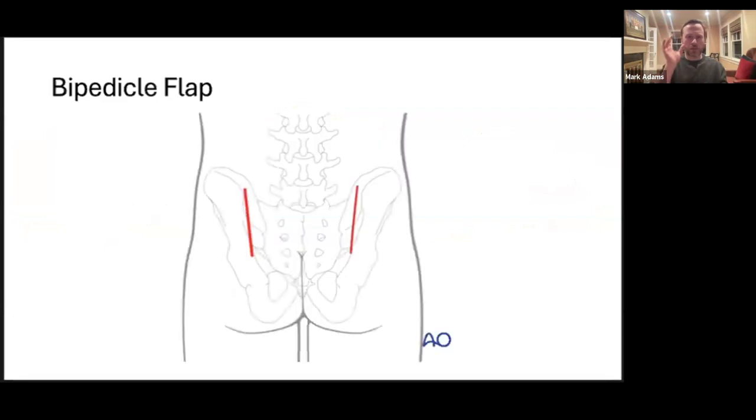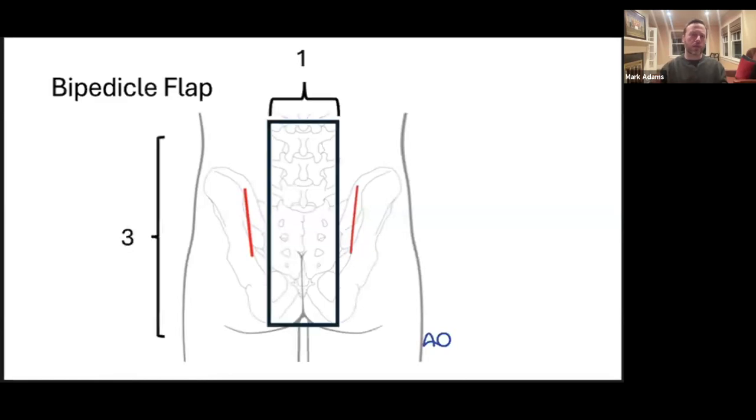To make this a little more obvious, let's apply the ratio here. This is what a 3 to 1 ratio would look like. If the flap was narrower or longer, that's no good. The skin in the middle of the flap would not be able to be perfused by the random pattern cutaneous blood flow.